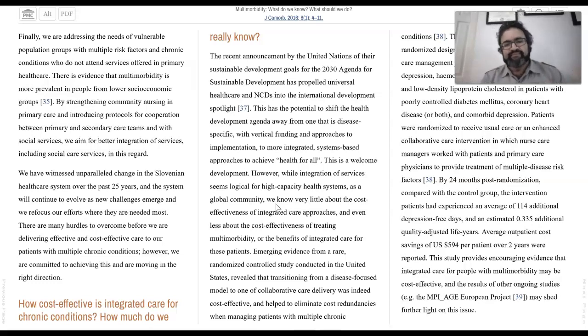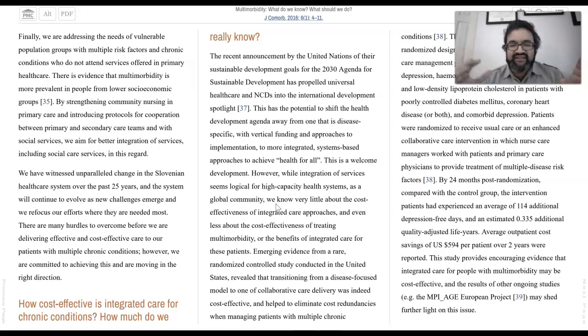So on one hand, it's really important to have disease-specific measures, because the idea is the more specific and the more targeted the therapy is, the more targeted the intervention is, the more effective it is. But then there's a continuum, and everything has a cost. For everything, there's a caveat.